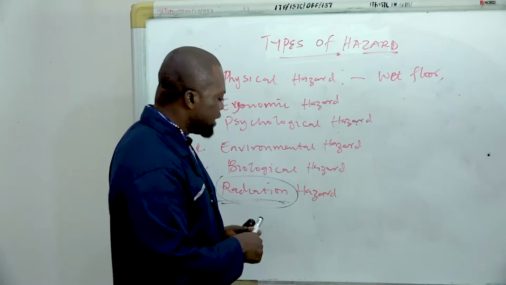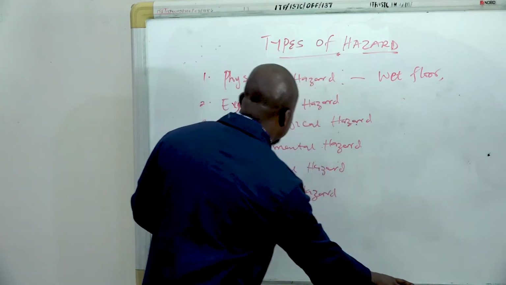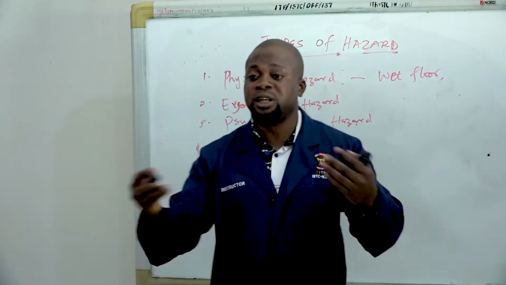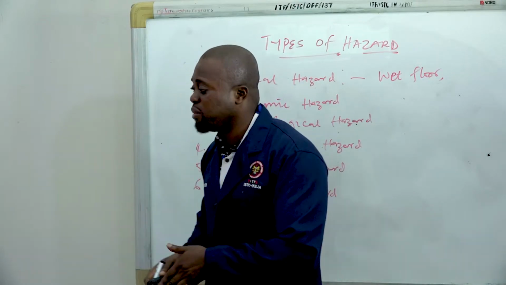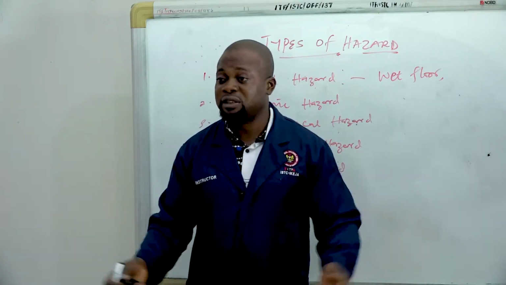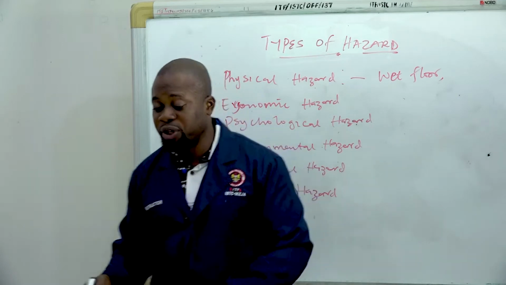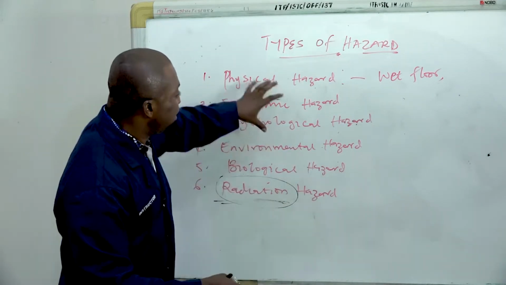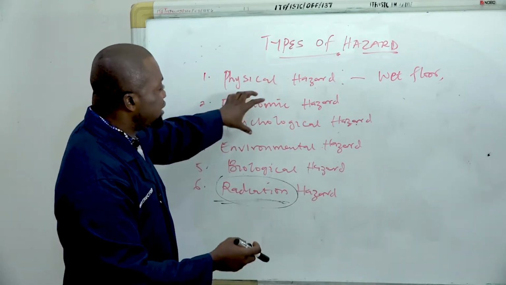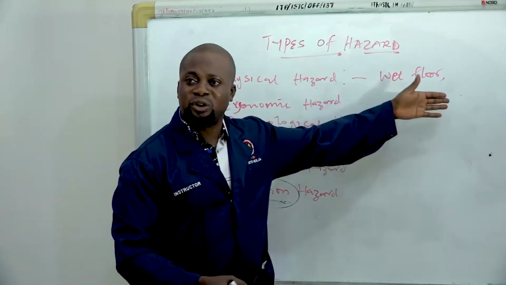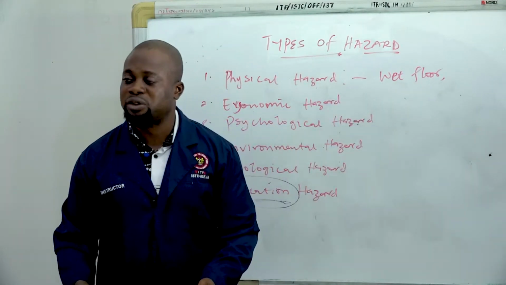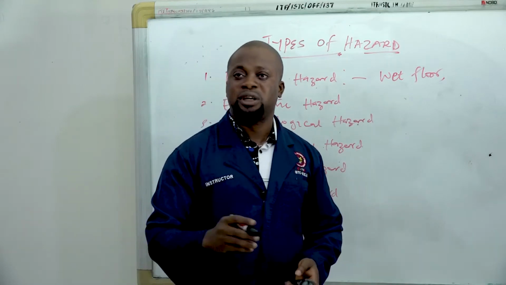Now, hazards as it is. These and many more you can see in some persons when you talk about types of hazards, it can come to be tripping or wet floor and all that. But this is basically the types, which has a lot of activities around us that can lead to what? Accidents.